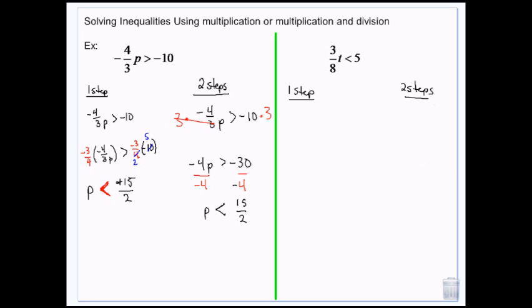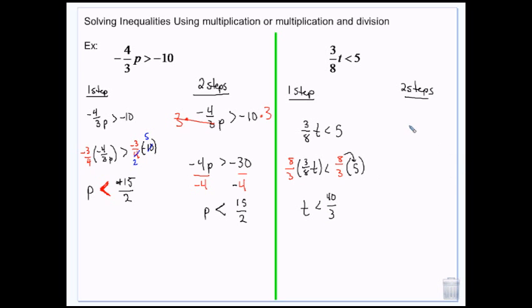I have 3/8 t is less than 5. I'm going to multiply both sides by 8/3 because that's the reciprocal. So 3/8 and the 8/3 cancel each other out, and I'm left with t. 3 doesn't go into 5, so I'm going to multiply 8 times 5, which is 40, and put that over 3.